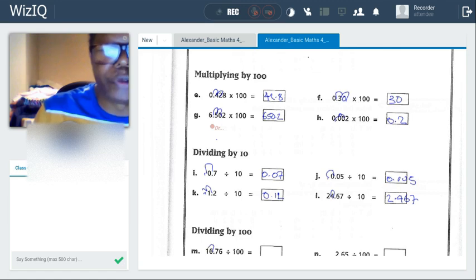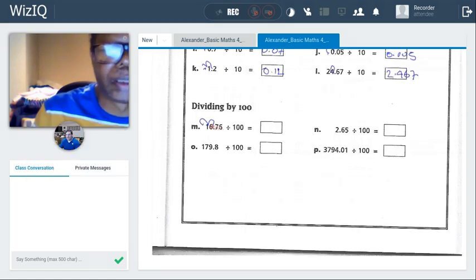This one we're going to move 2, so 1, 2. Which means it's going to be 0.1676. This one here is going to be 1, 2. So put a 0 there. So the decimal is here, so it's going to be 0.0265.